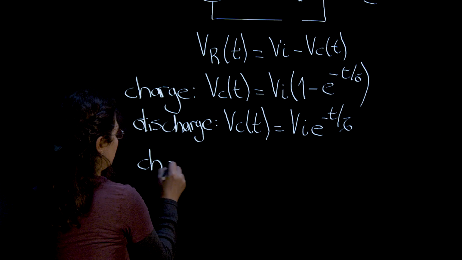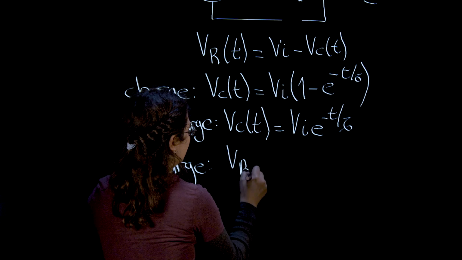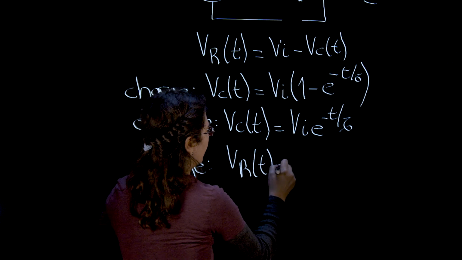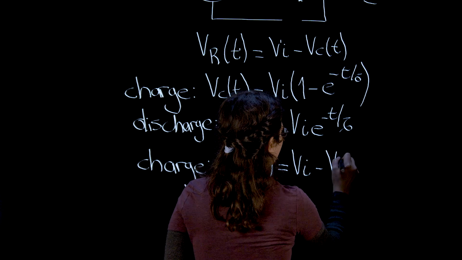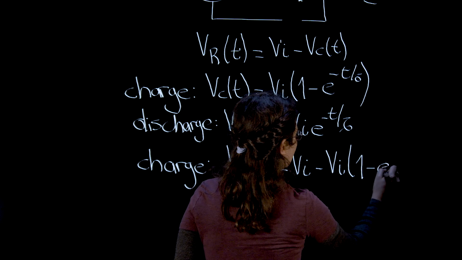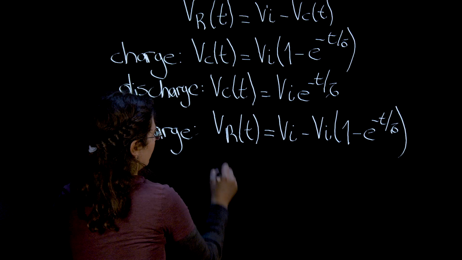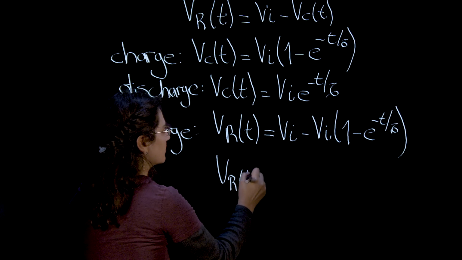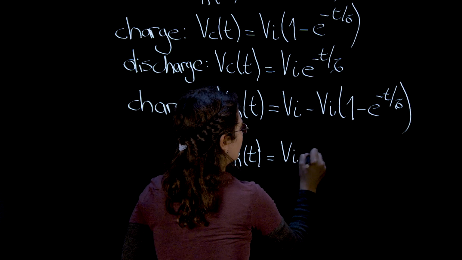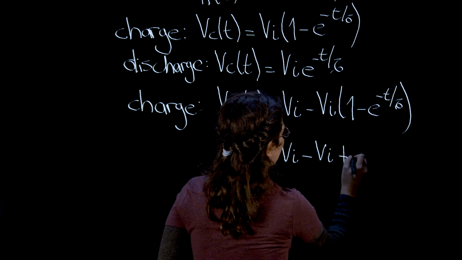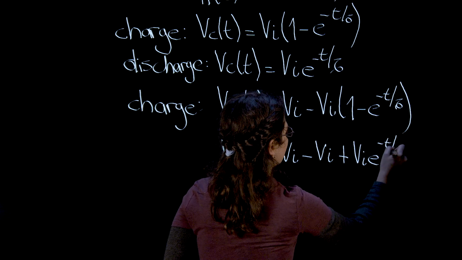for the charging case, Vr of t equals Vi minus Vi times 1 minus e to the minus t over tau. So this becomes Vi minus Vi plus Vi times e to the minus t over tau.